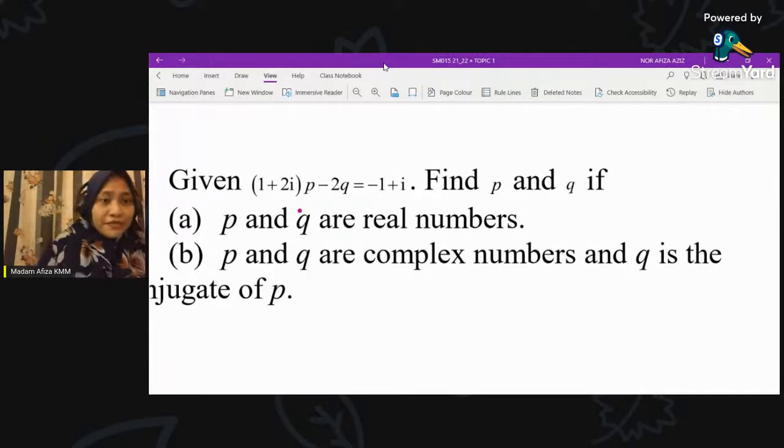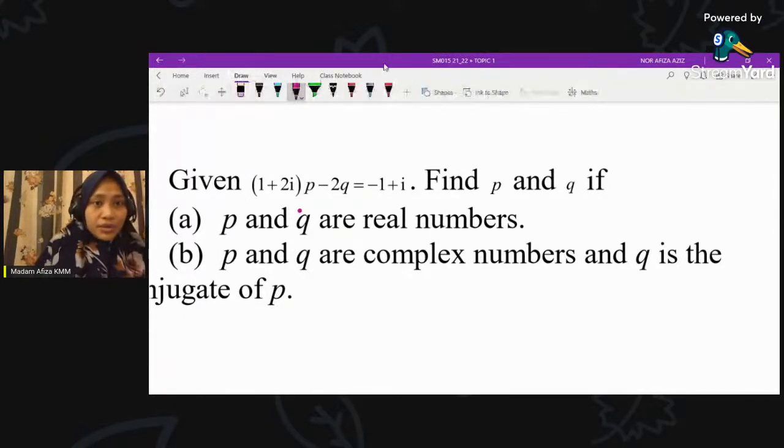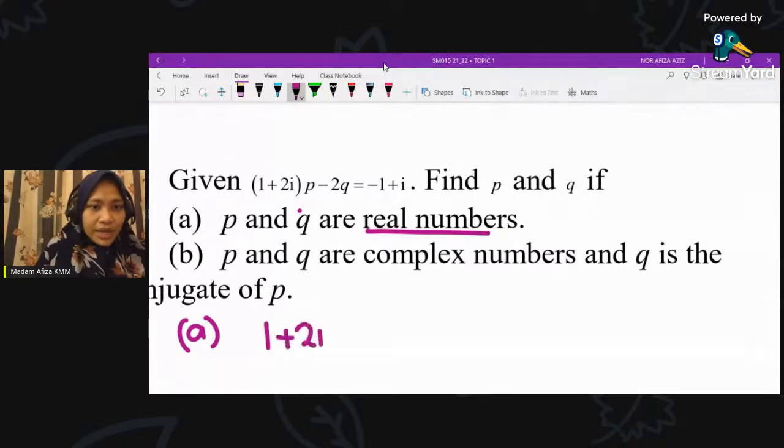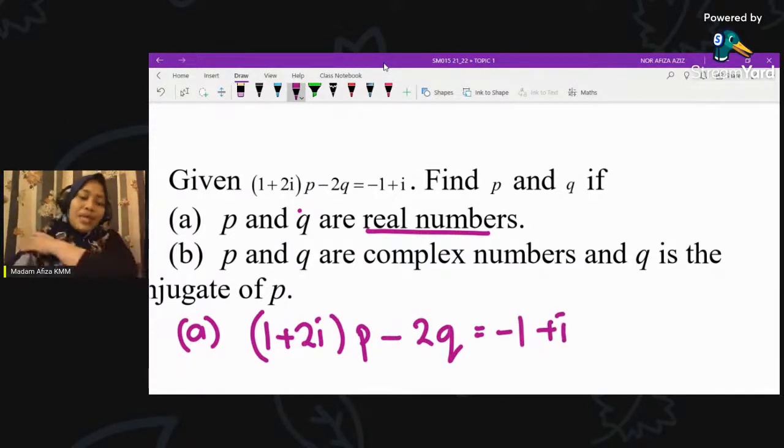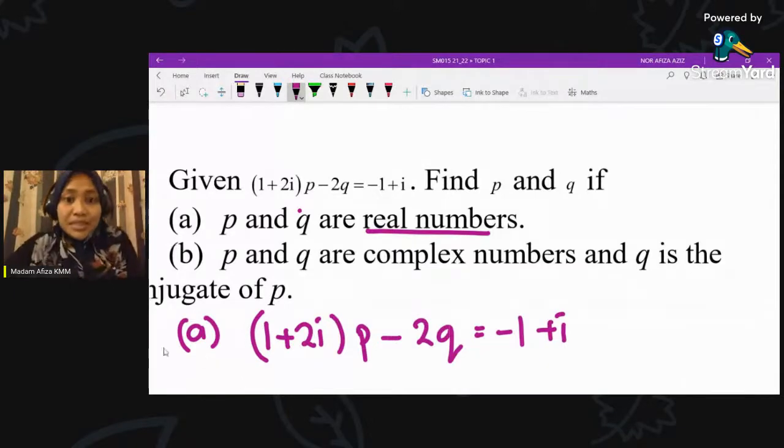Let us look at the first situation. p and q are real numbers. So let us write down 1 plus 2i multiplied with p minus 2q equals to negative 1 plus i. Let us treat p and q as real numbers.